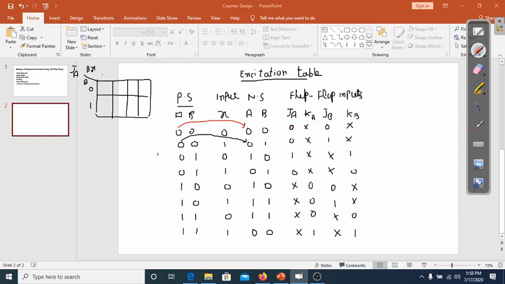So BX should be 0 0, could be a 0 1, 1 1, and 1 0.